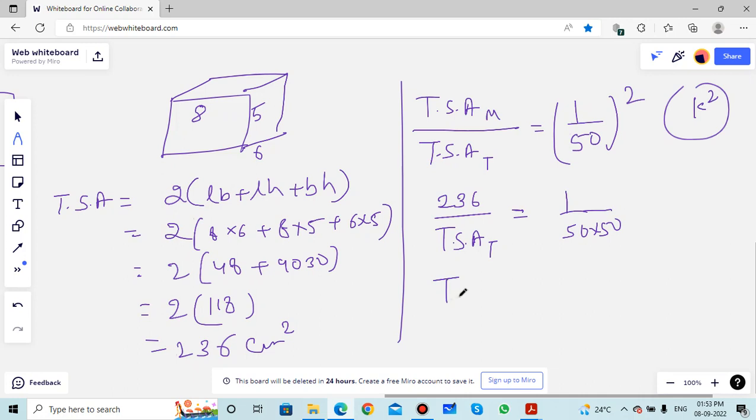So the total surface area of the tank is equal to 236 into 50 into 50. So let's see how much it is.